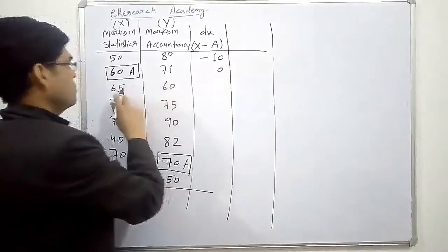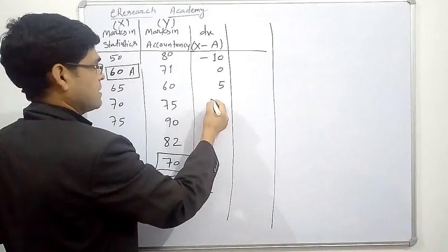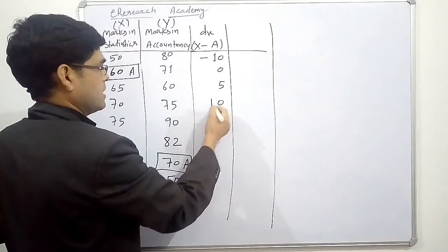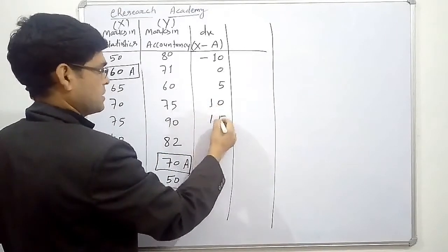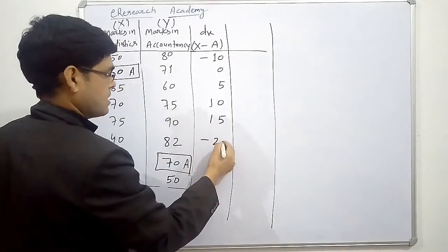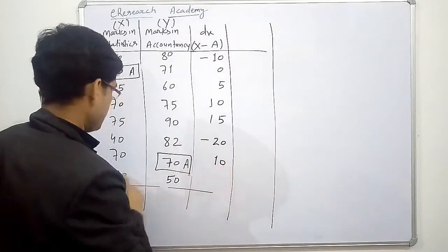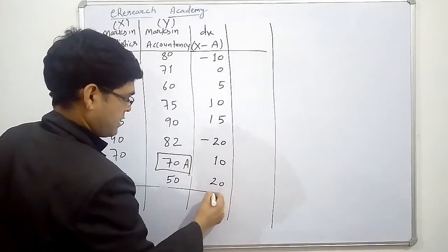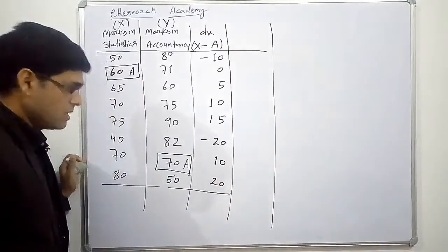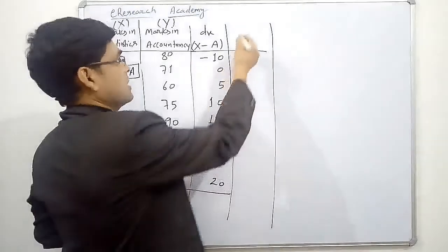Then 65 minus 60, 5. 70 minus 60, 10. 75 minus 60, 15. 40 minus 60, minus 20. 70 minus 60, 10. And 80 minus 60, 20. So these are our deviations in the X series.